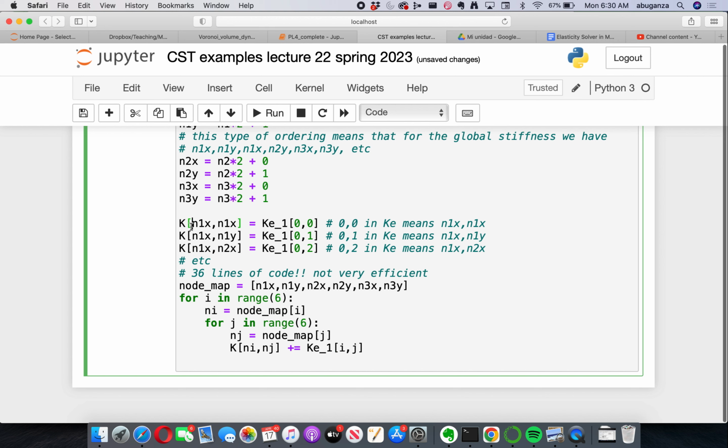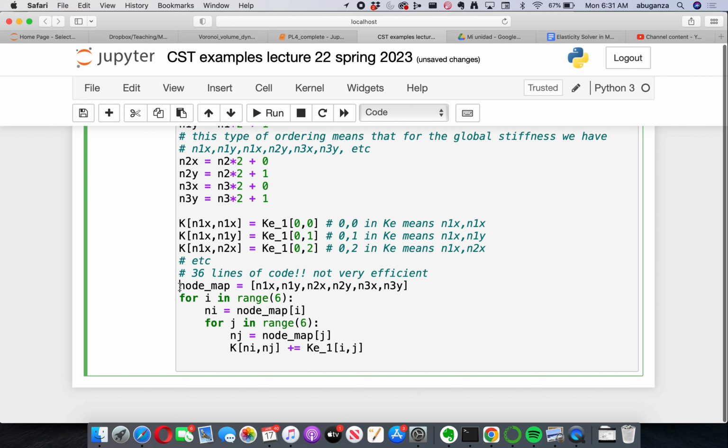So instead of having to do this manually every time, 2 for loops that go from 1 to 6 or from 0 to 5. And so I and j are basically these numbers. So I is this column and j is this column. And then I need to map I to the corresponding n1x or n1y and so on.